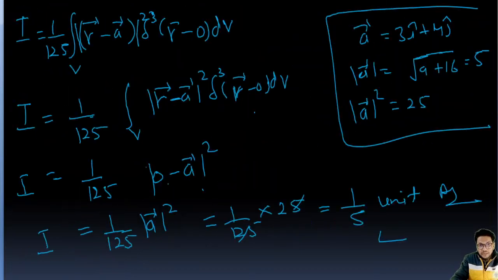Question number 11. We have to find δ(sin x). Okay, δ(sin x) we need to find. This is the question. So for property number 18, which I have already mentioned or explained, what is this property?